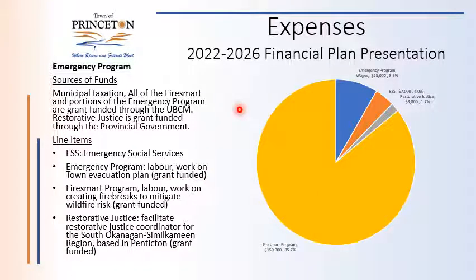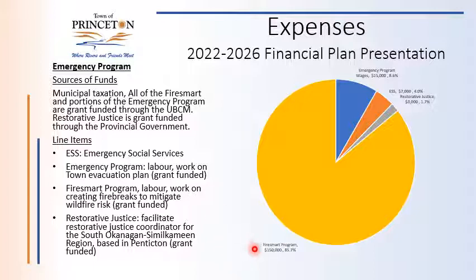So the emergency program covers our provincial emergency operations center and emergency social services, keeping them maintained at a basic level for deployment when we have a disaster within town boundaries. It also covers our Fire Smart program.